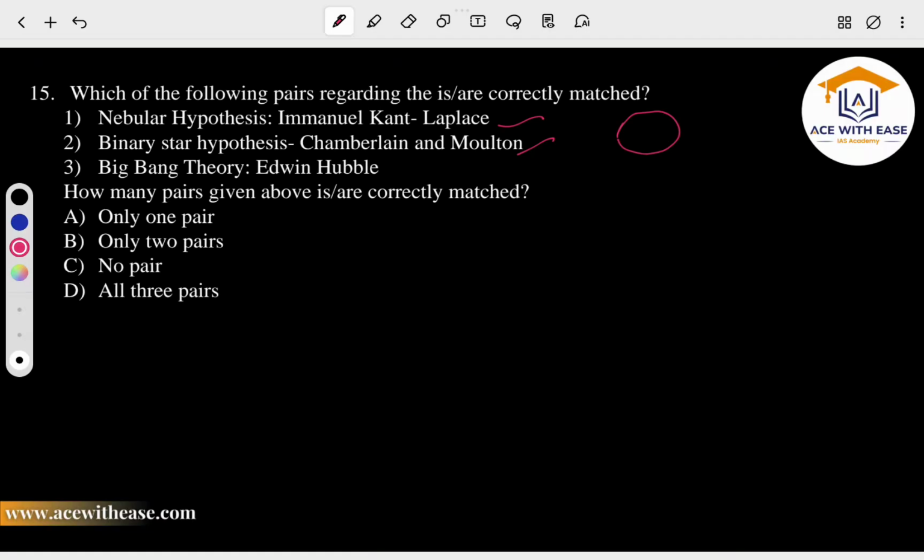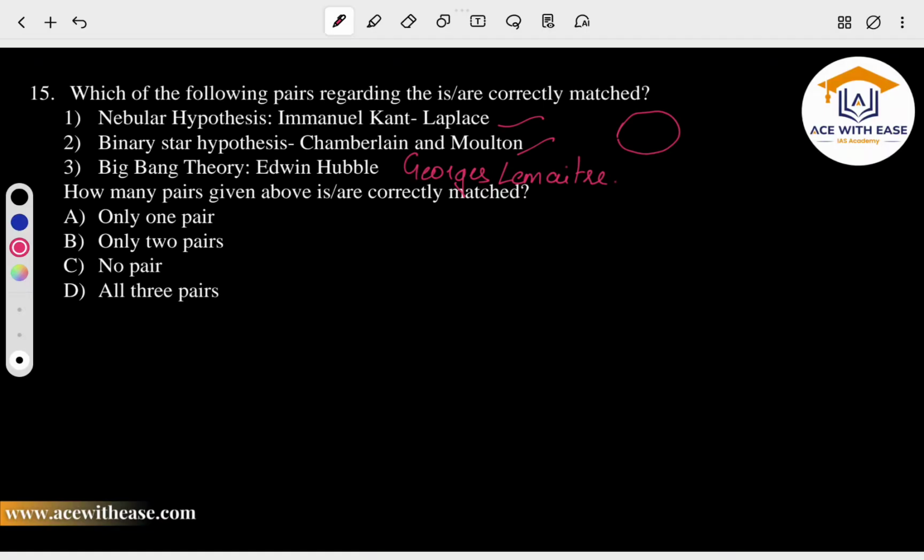Then lastly we have the Big Bang theory. The Big Bang theory was first proposed by Georges Lemaitre. Later Edwin Hubble gave the evidence for the Big Bang theory.